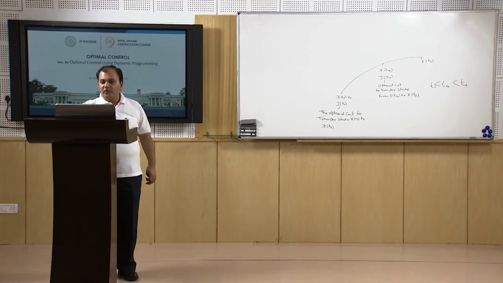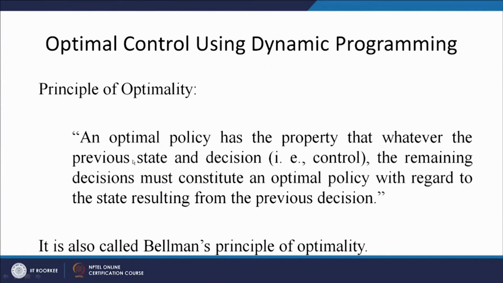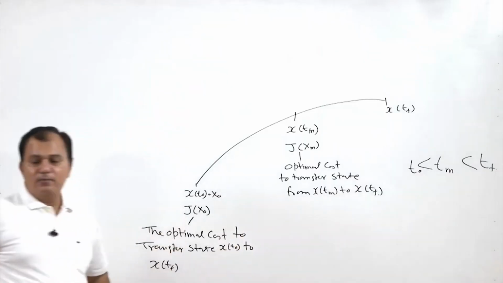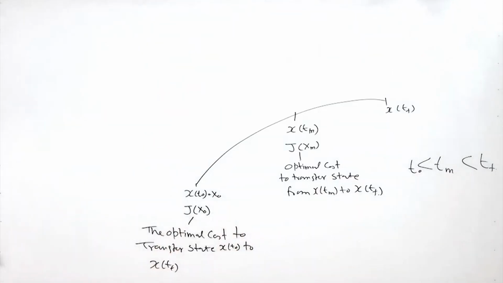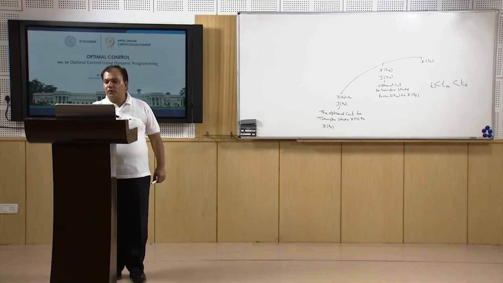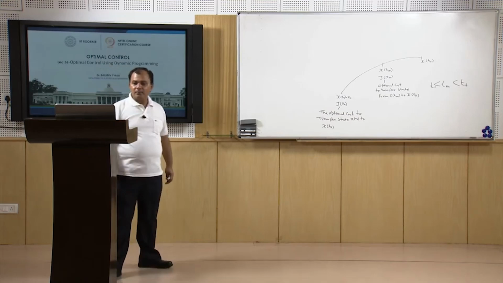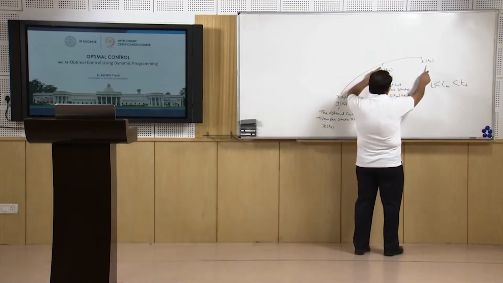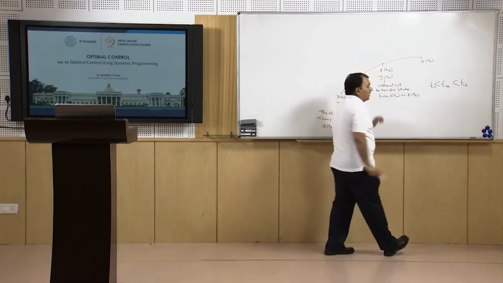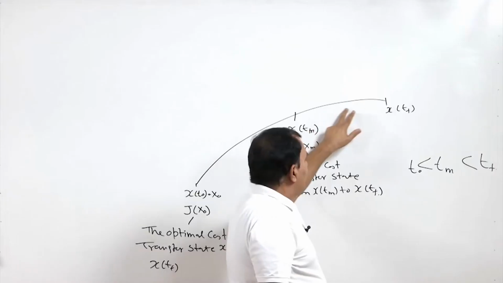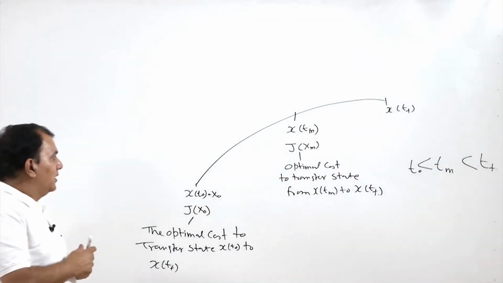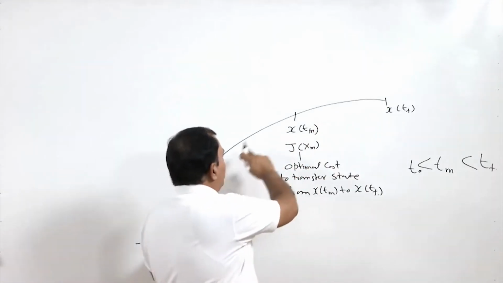So, an optimal policy has the property that whatever be the previous state and decisions, the remaining decisions must constitute an optimal policy. The decisions I take from x(tm) to x(tf) will make my optimal policy. So, this is the principle of optimality.